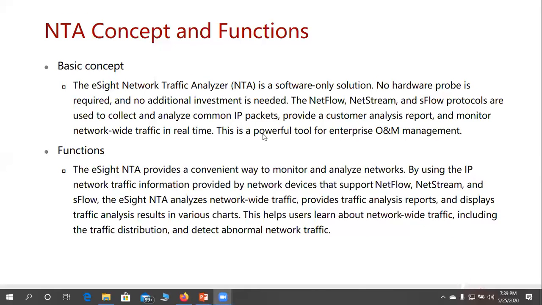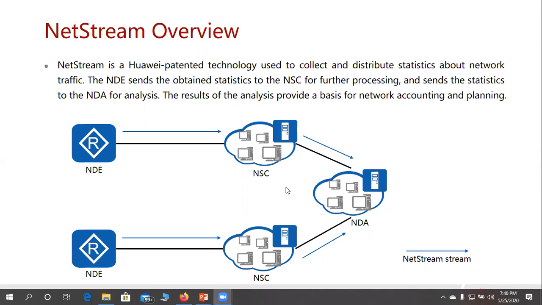So Huawei has what we call the eSight Network Traffic Analyzer. Okay. This is a very, very important device for analyzing traffic. It uses the NetFlow, NetStream, and sFlow protocols to collect and analyze common IP protocols.